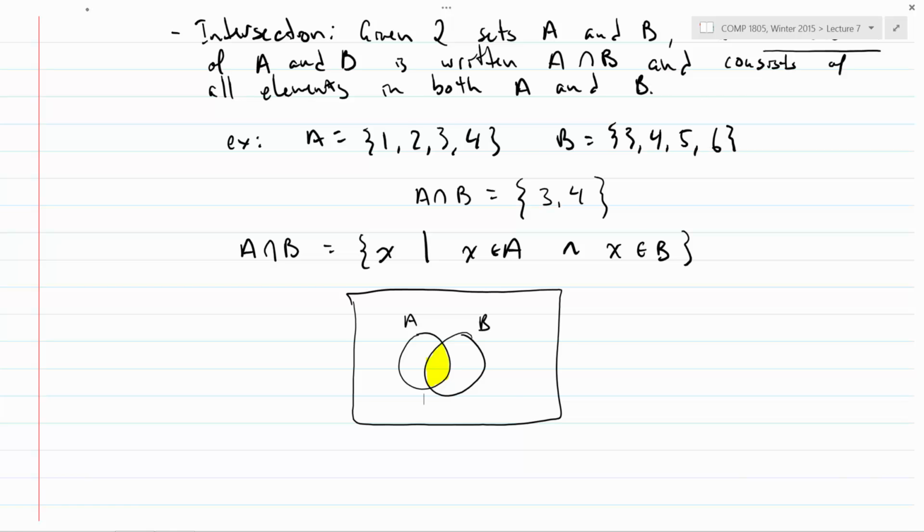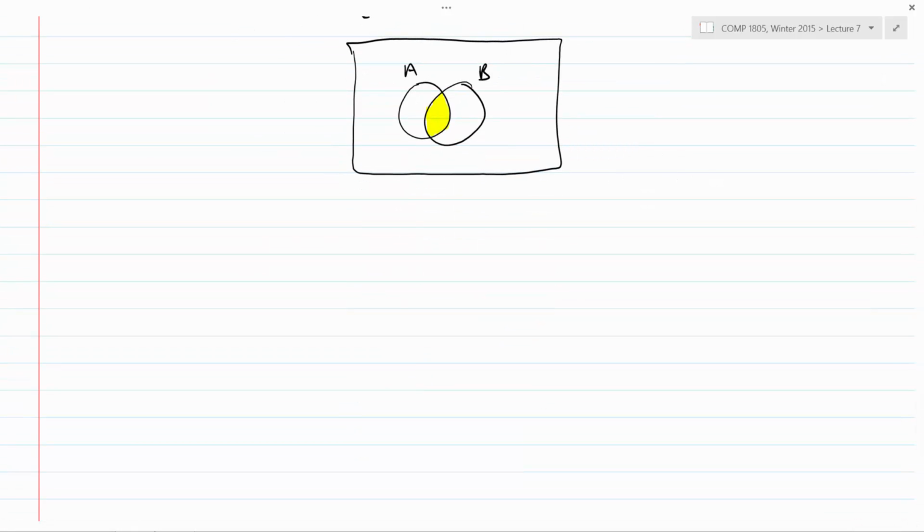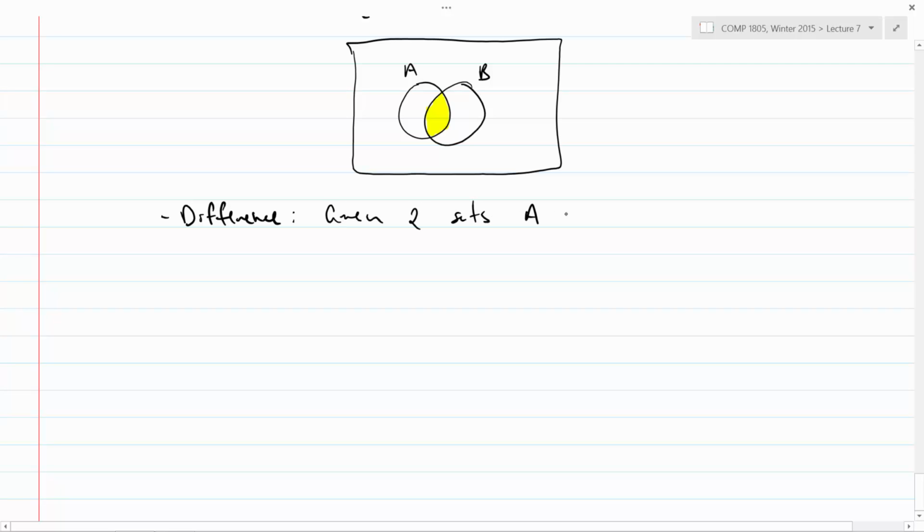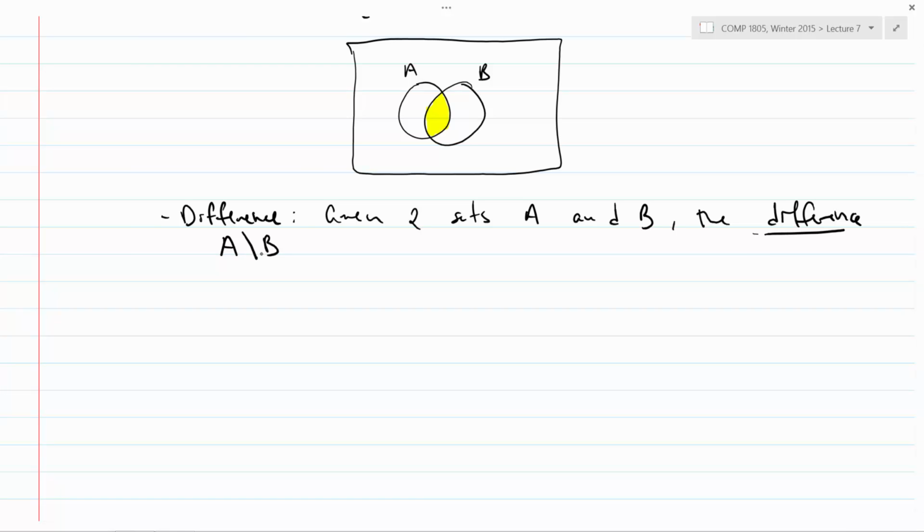All right, so the next set operation that I want to talk about is the difference of sets. So, given two sets A and B, the difference, and I'll call it A minus B. So when you're subtracting sets or taking the difference of sets, some textbooks just use a regular minus sign.